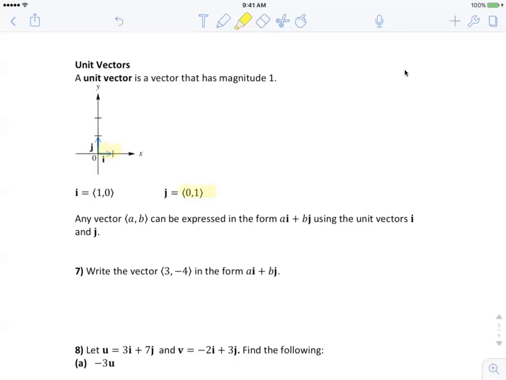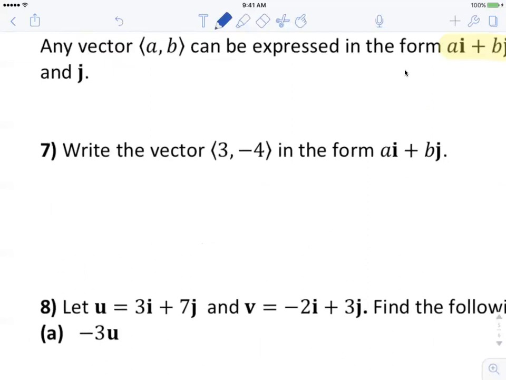Okay, so it turns out any vector can be written as a combination of those two little vectors. And the way you write that is a times the i and b times the j. So for example, write the vector 3, -4 in that ai plus bj form. Okay, so we can do that by, let's blow it up here.